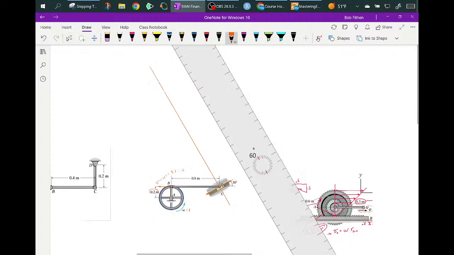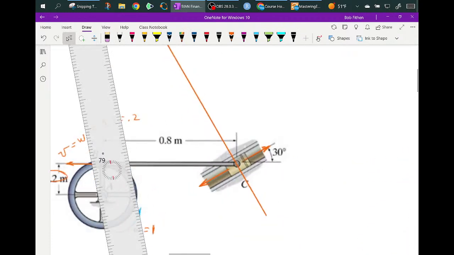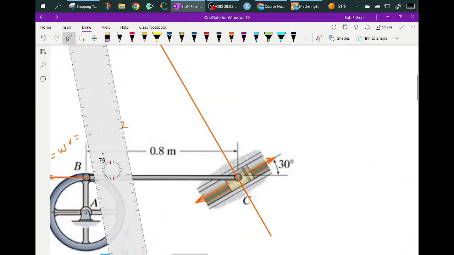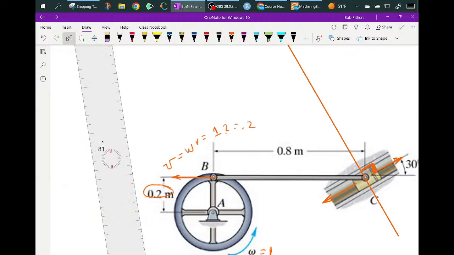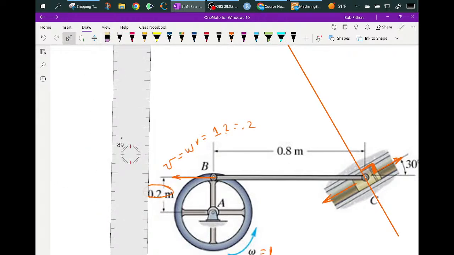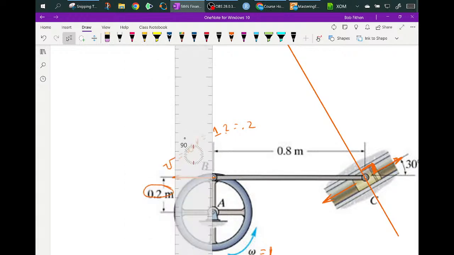And if I zoom out, I see that. Now, okay, let's zoom in and recognize that what we did was we found a perpendicular like so, and then we found a perpendicular like this.